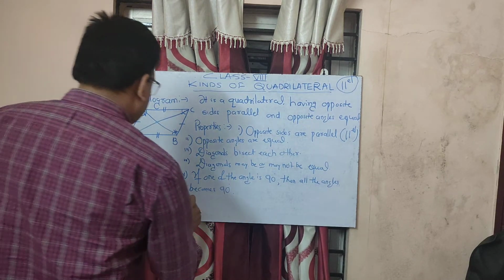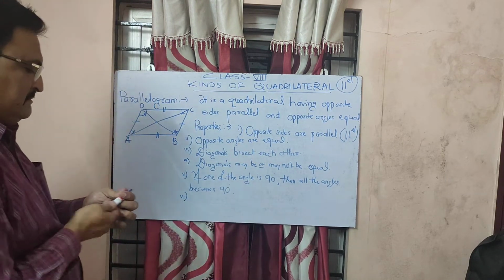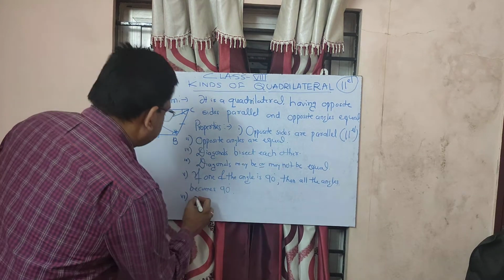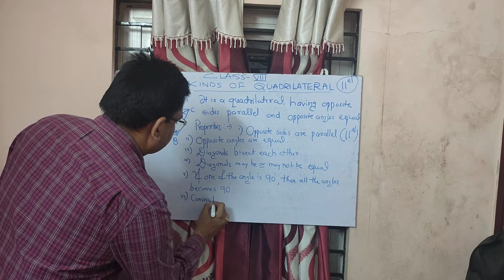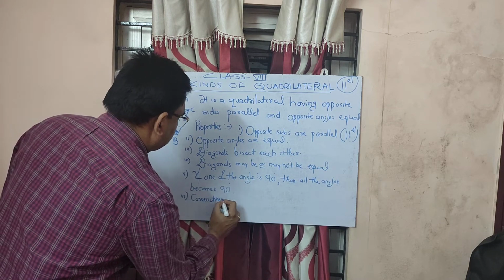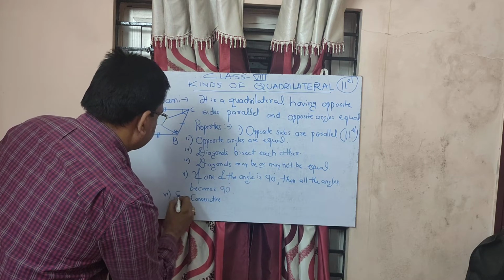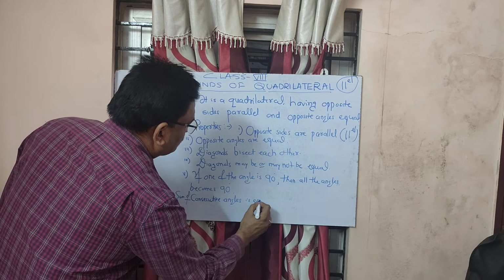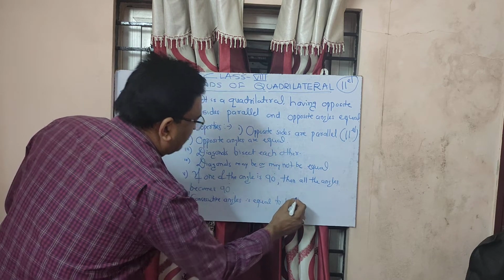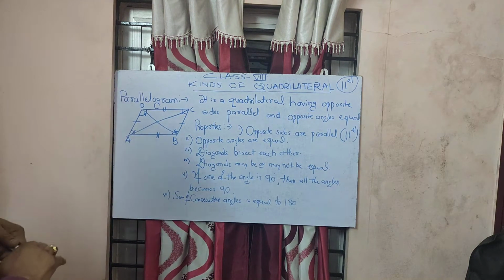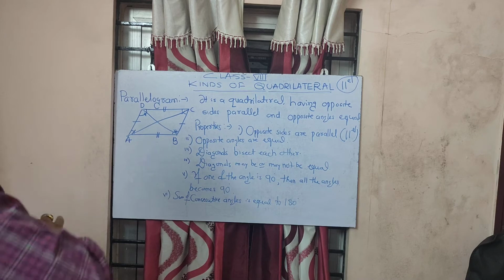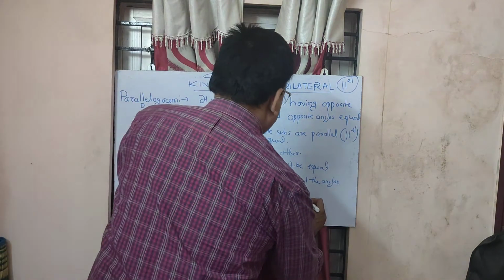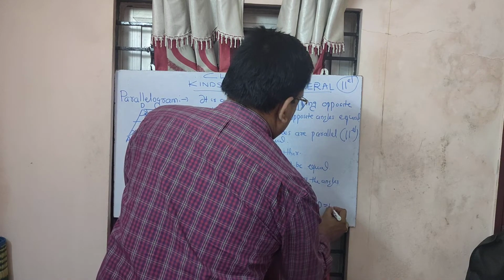and next one, the sixth property. Sum of consecutive angles is equal to 180 degrees. Now in the above figure, you can see angle A and D. For example, angle A plus angle D is equal to 180.